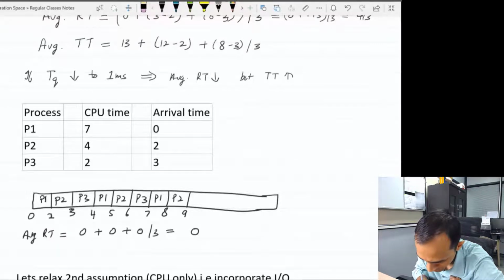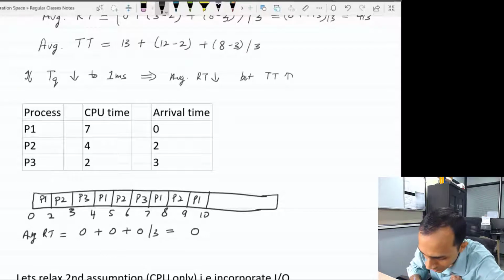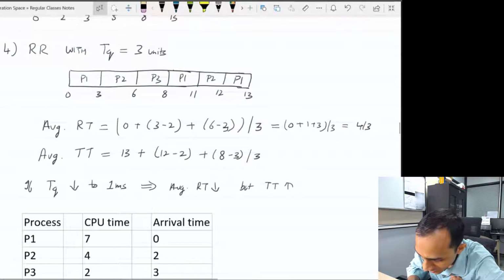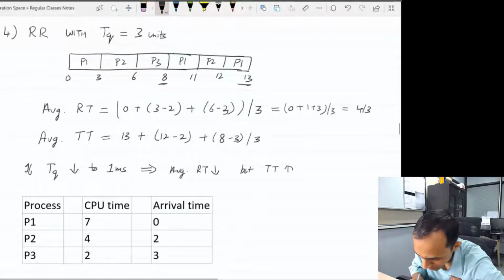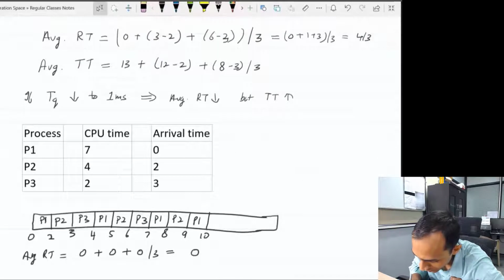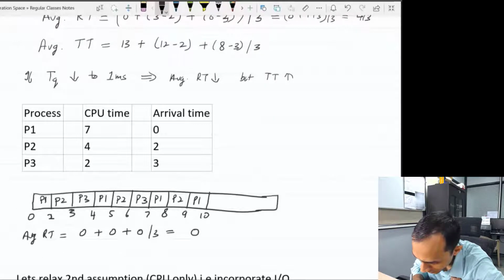P1 has run for 2, 3, 4, so again P1 will run. You can see it is going to stretch as long as possible. So here P1 would be finishing at 13 and P2 at probably 12, and P3 as early as 8. But you can see all of them are going to take longer time to finish.